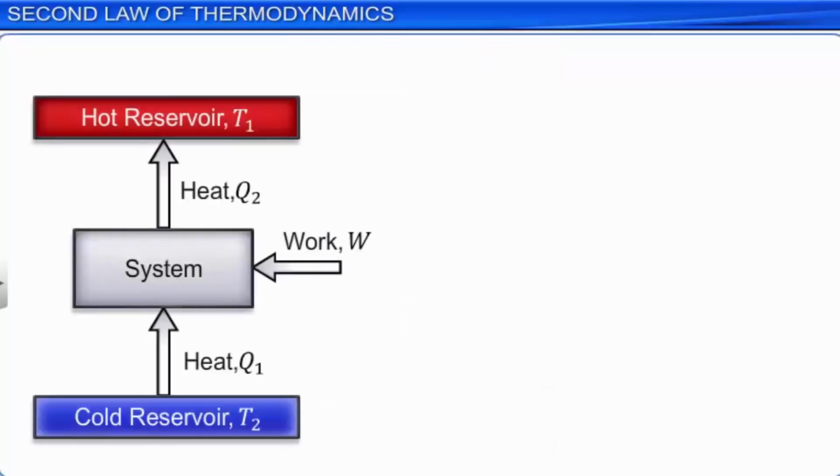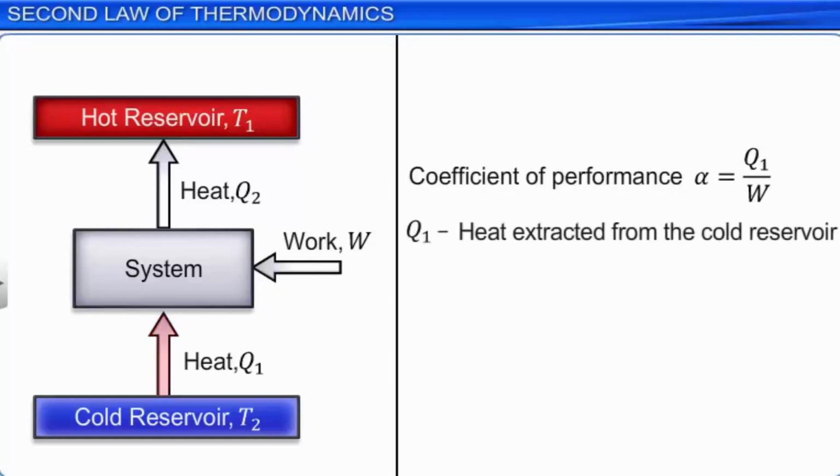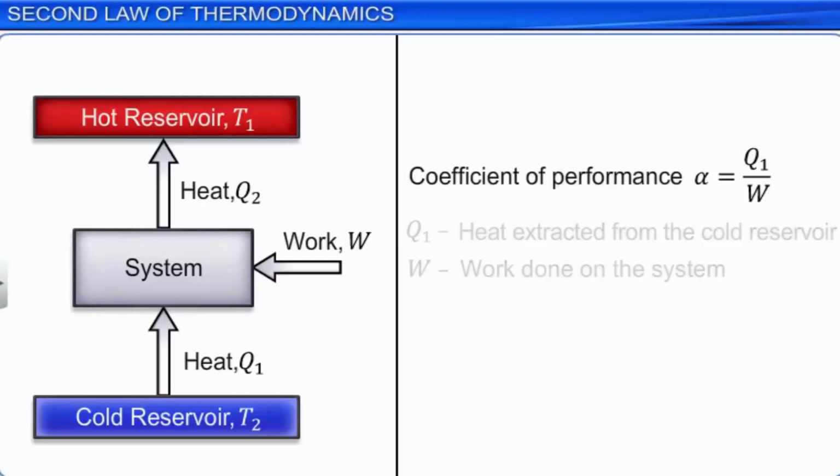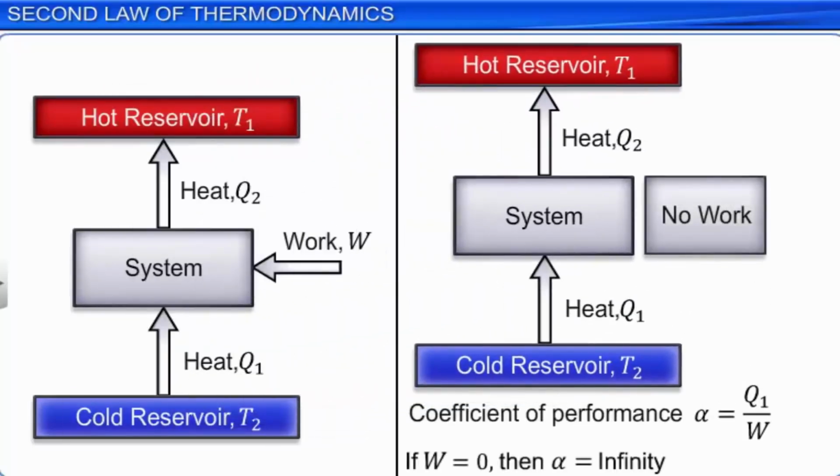Earlier, you learnt that the coefficient of performance of a refrigerator, alpha, is equal to Q1 by W, where Q1 is the heat extracted from the cold reservoir, and W is the work done on the system. If W is equal to 0, then the coefficient of performance is infinity.